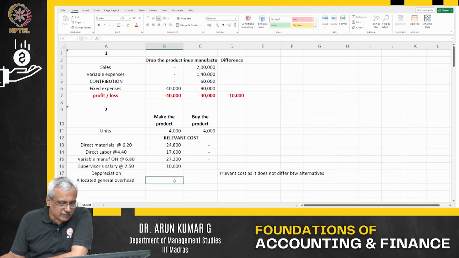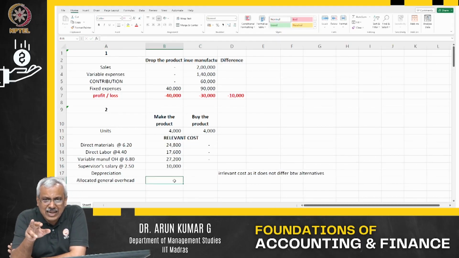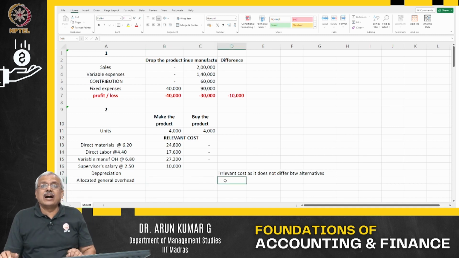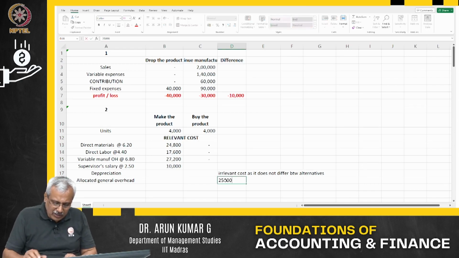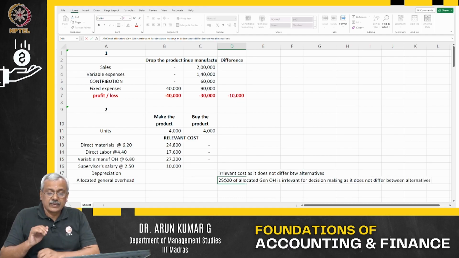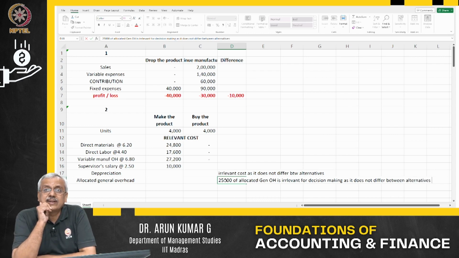If you manufacture the product, that is 7 into 4 is 28, but only 3,000 is avoided. So, 25,000 rupees of general overhead is irrelevant for decision making as it does not differ between alternatives.